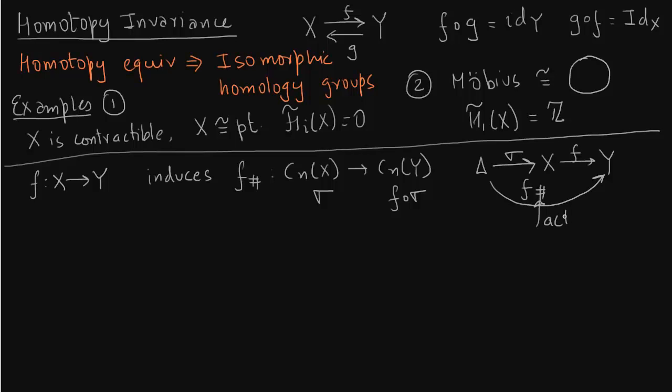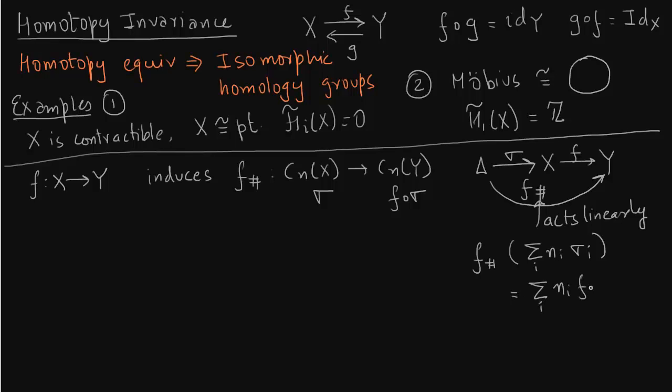So this map acts linearly. So what does that mean? As you know, we first have to write the free group, and f hash acts on this free group. So now I am saying f hash is acting on C_n(x).